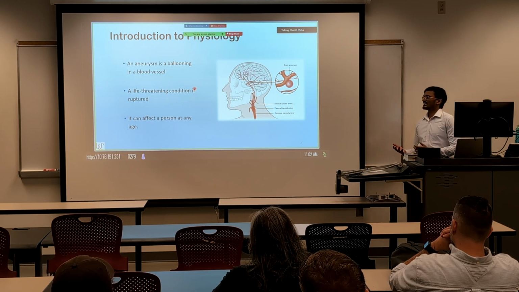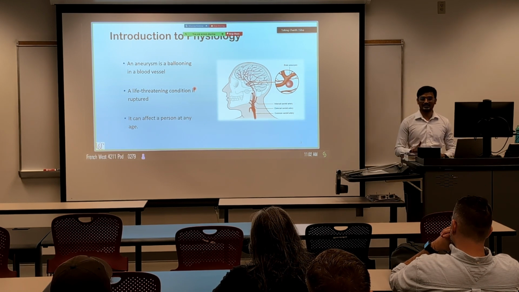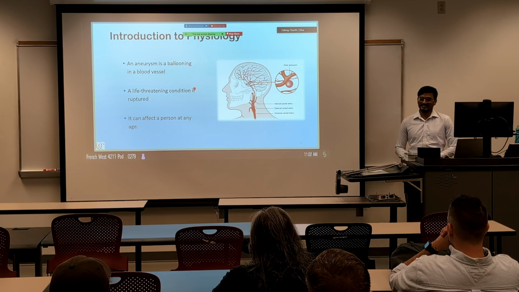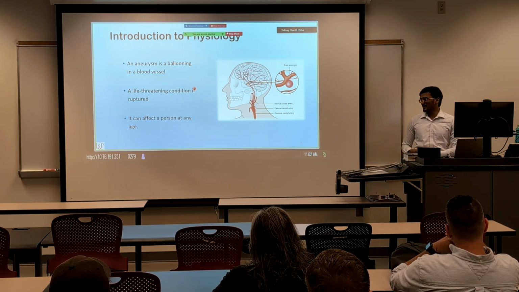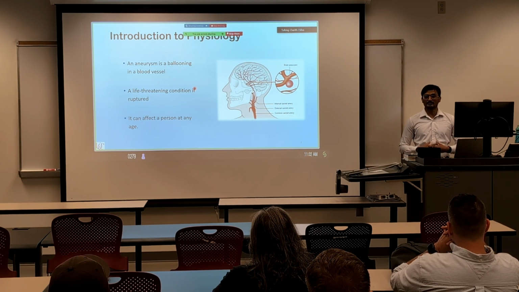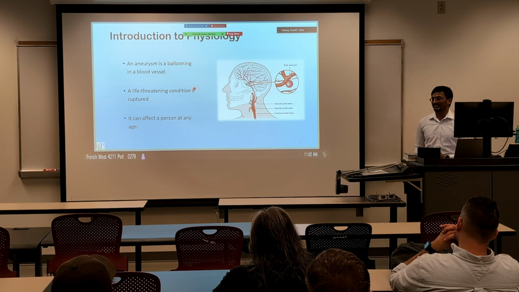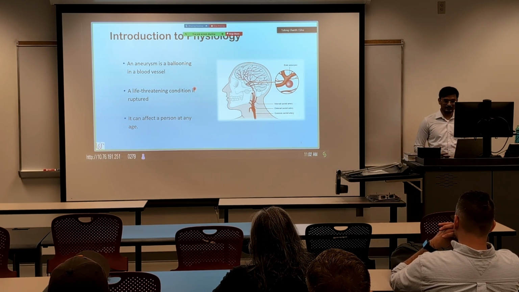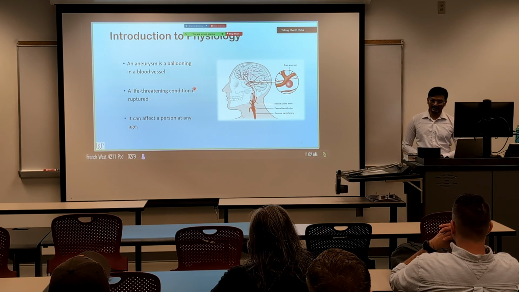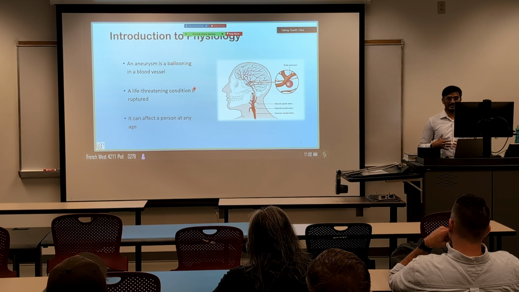Now, someone might say, just like an appendix, why don't you directly operate on an aneurysm as soon as you hear the news, right? But the thing is, we are talking about a cerebral aneurysm, that's the brain. So we do not want to do anything unless it is extremely necessary. So that is why a proper tool to analyze the hemodynamics around this region is important.